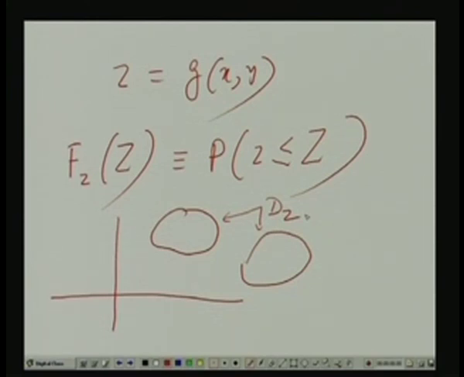This is the x axis, this is the y axis. Within this zone, z is less than or equal to capital Z, and together this is D_Z.